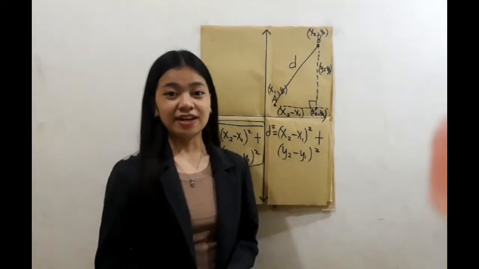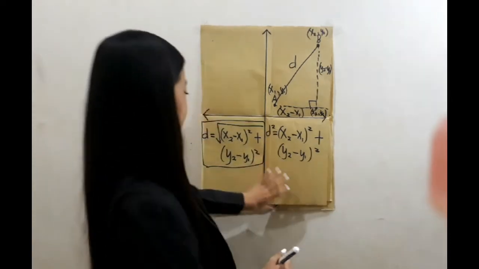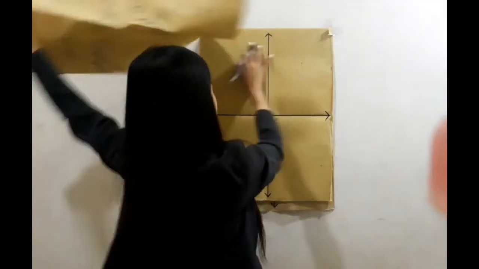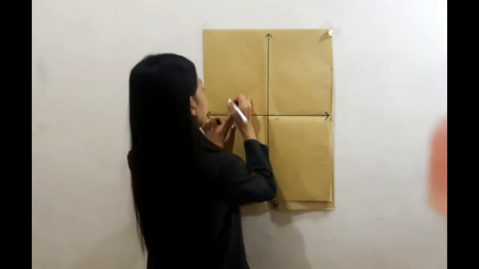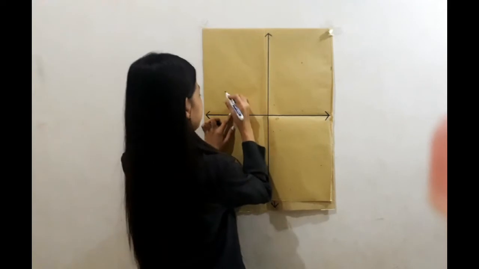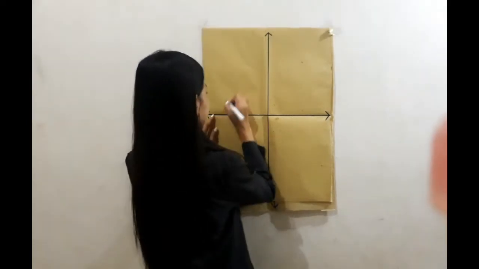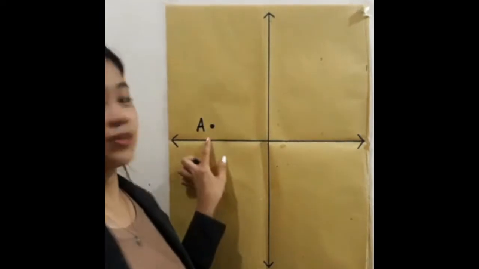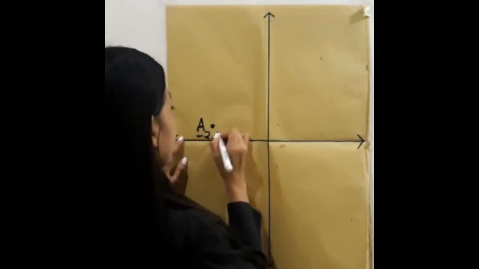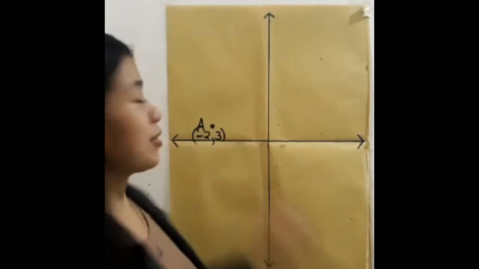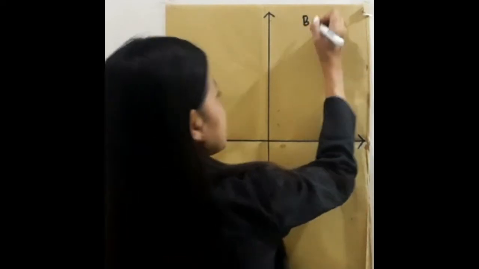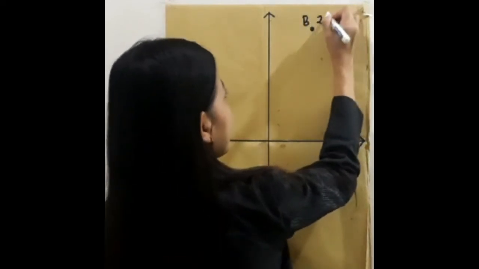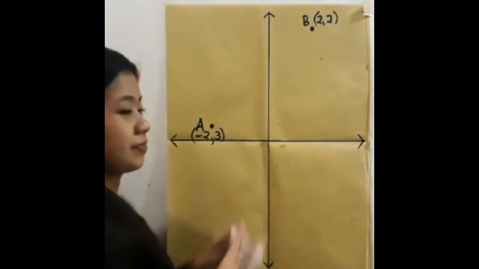Let's apply and use our distance formula. Let's say we have 2 points. We have point A, which is negative 2 and positive 3, and point B, which is 2 and positive 2.